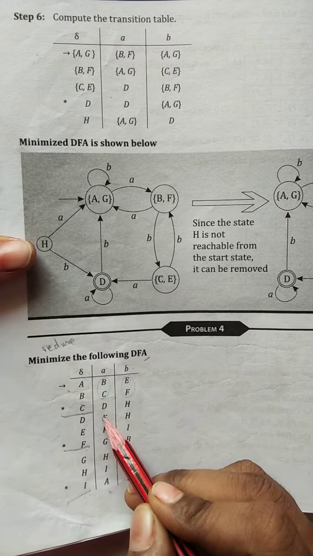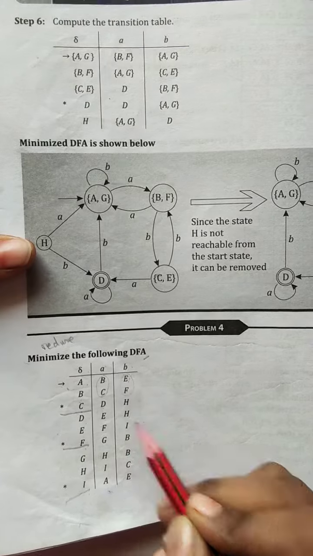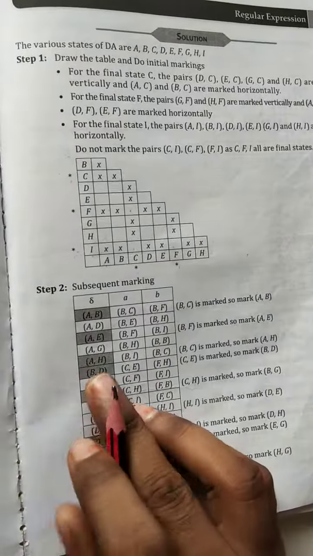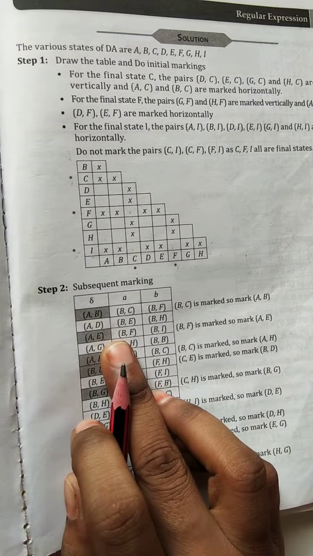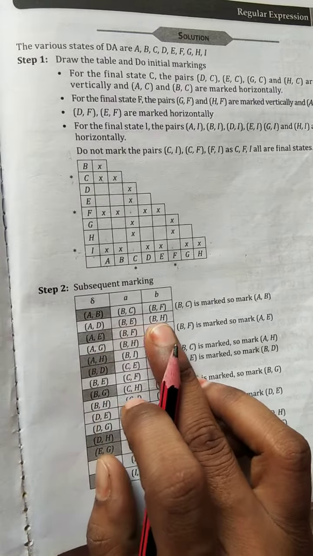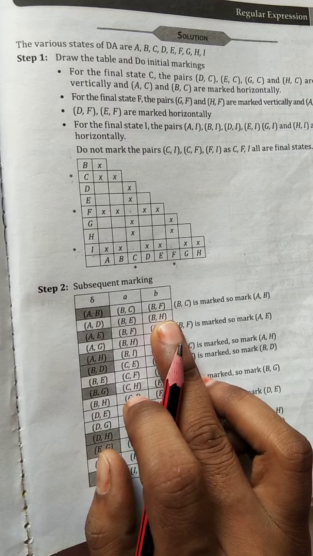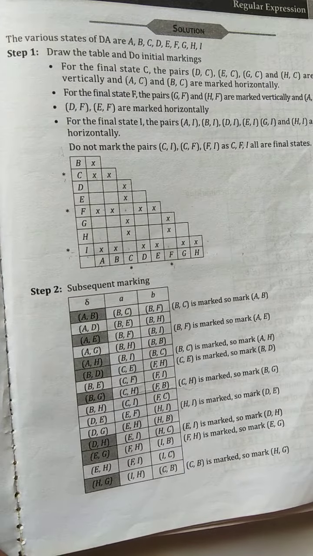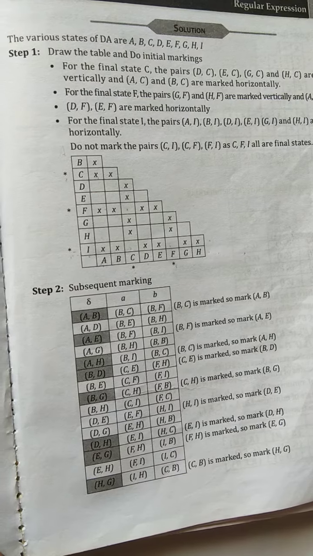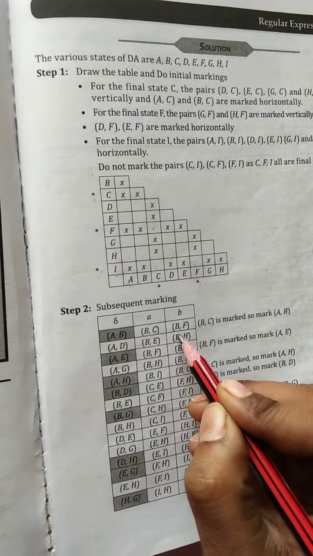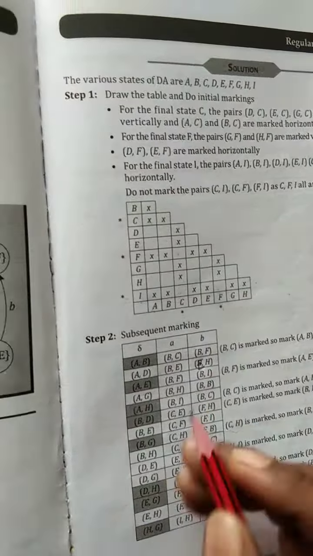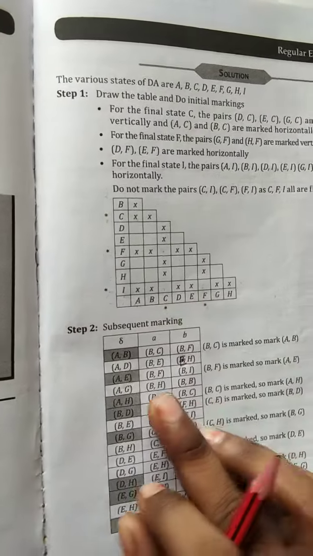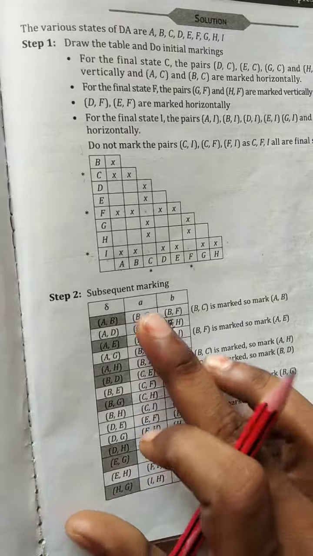Okay, now you see in the table, for AE, AD, BE, that is EH. A little error there, it is EH.